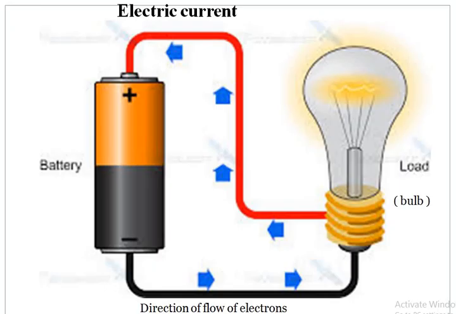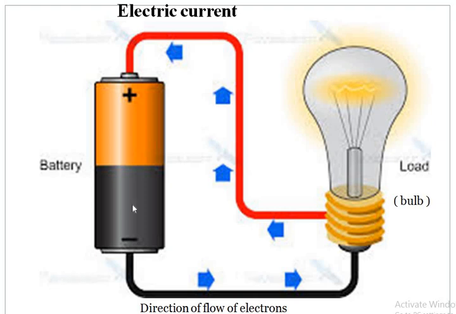So here we'll start the first topic of this lesson, electric current. You are all aware of the terms bulb, switch and connecting wires, and you have learnt in junior classes to make a simple electric circuit with the help of connecting wire, bulb and battery.